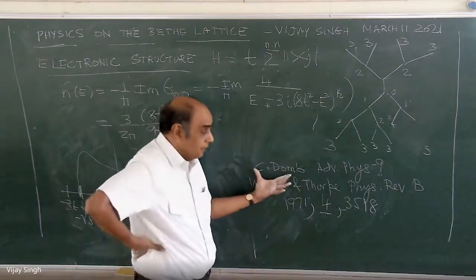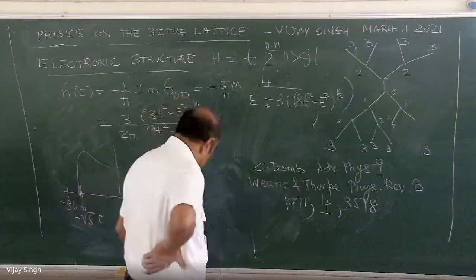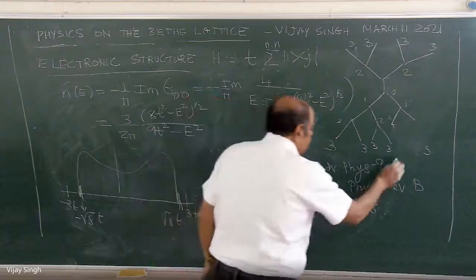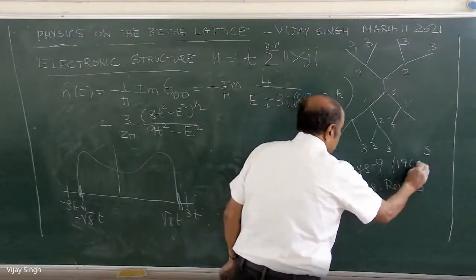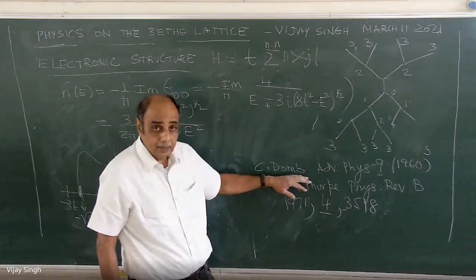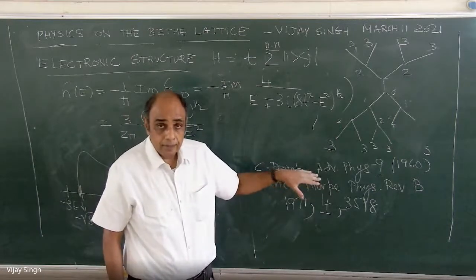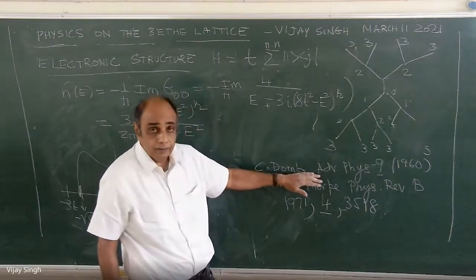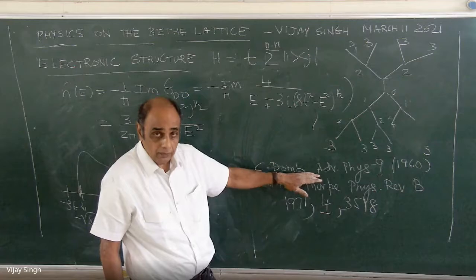This first reference by Cyril Domb, Advances in Physics, I didn't give you the year. The year is 1960. This is for statistical mechanics. In fact, Bethe invented the Bethe lattice for statistical mechanics, and this reviews all the literature up to that point. Good reference.